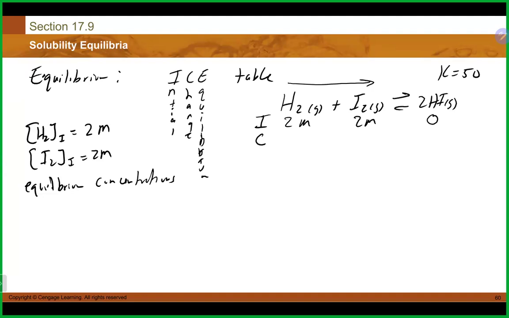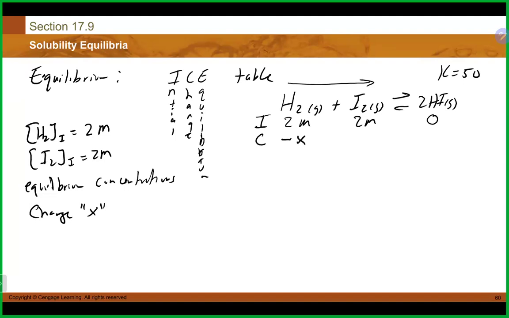The way we represent that in the change part of this ICE table is with minuses and pluses. Whatever's decreasing is represented as minuses, and whatever's increasing is represented as pluses. The change is typically represented with an x. We typically use x as our unknown. So this would be minus x because it's decreasing.